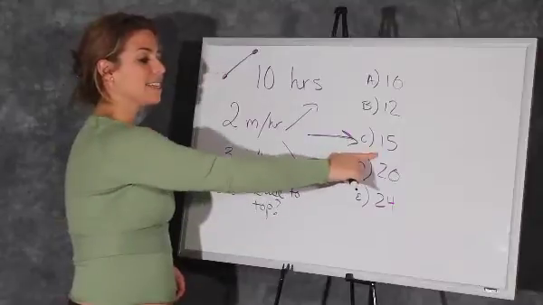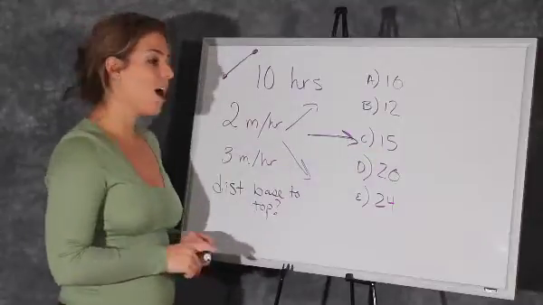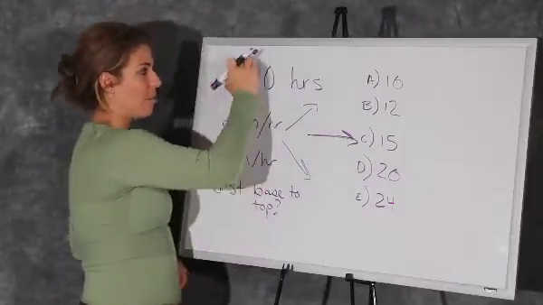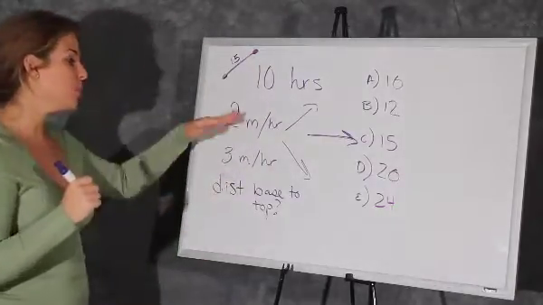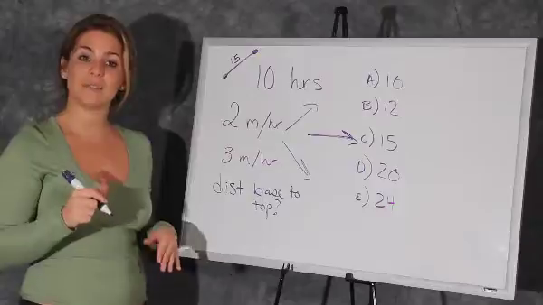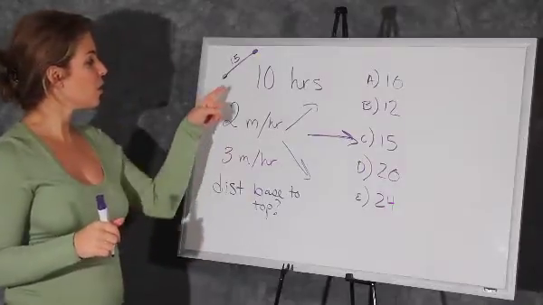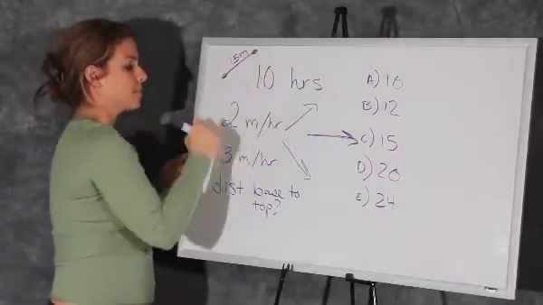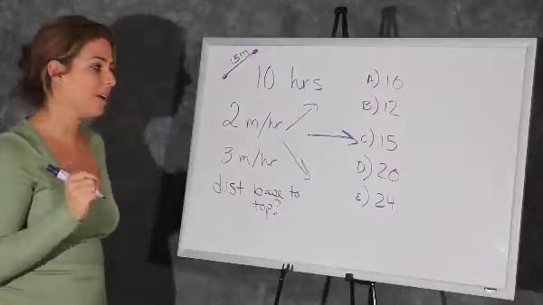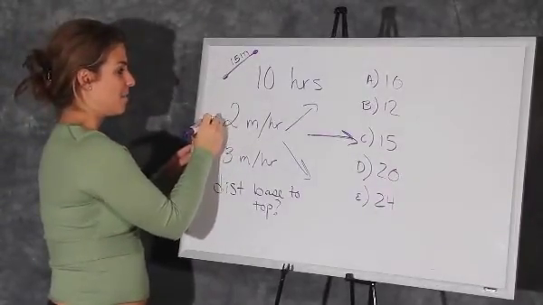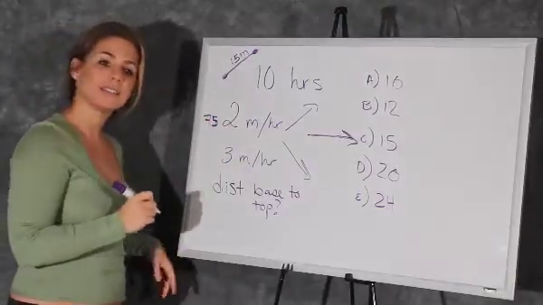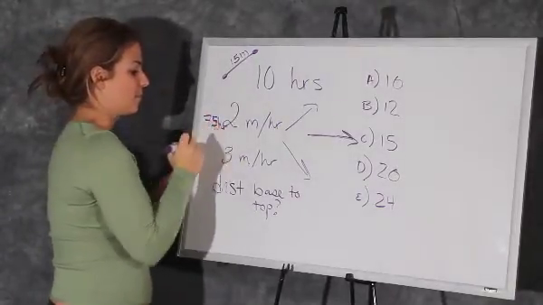So if we say that it's 15 miles up from the base to the top of the mountain, we're going to test that out using the information we have to see if that's correct. So if we go 15 miles at 2 miles per hour, that's going to be 7.5 hours of biking.